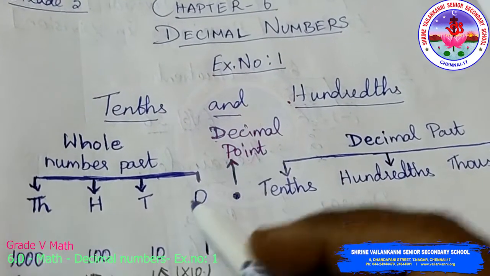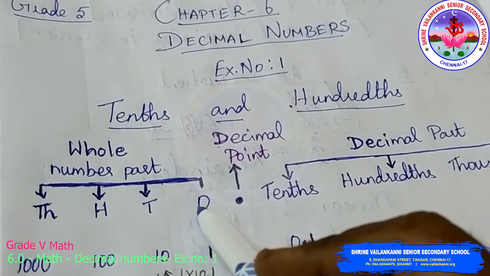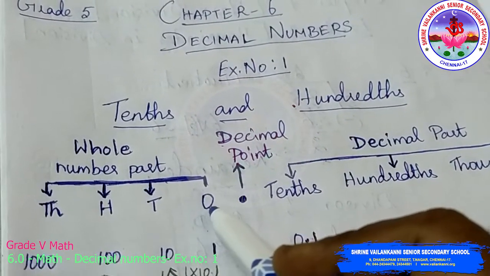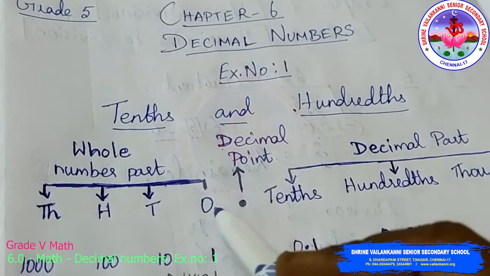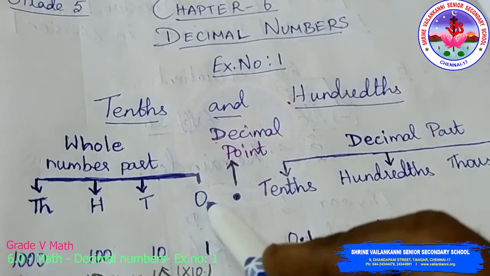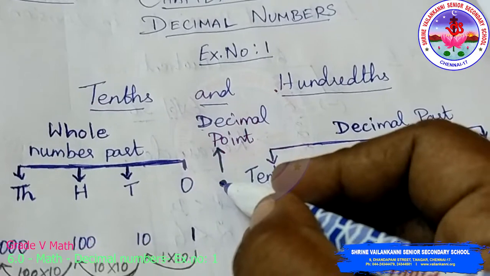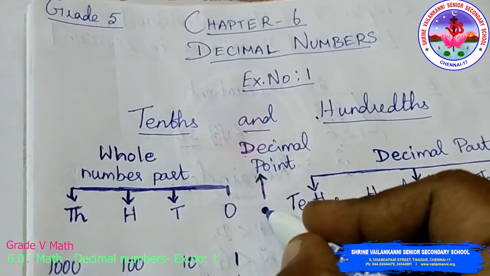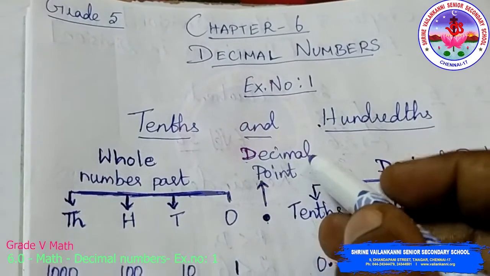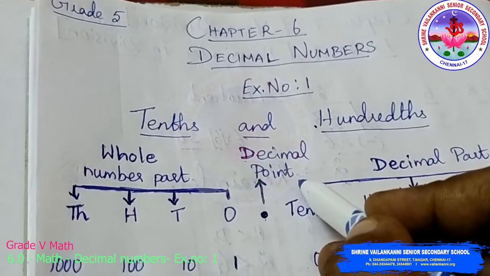That is, if you take the ones place, towards the right side of the ones place, we'll have a dot, and this dot you will call the decimal point.